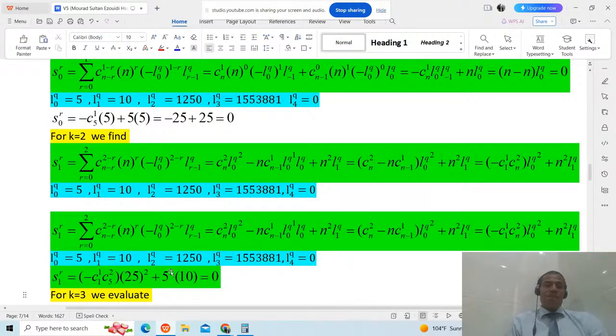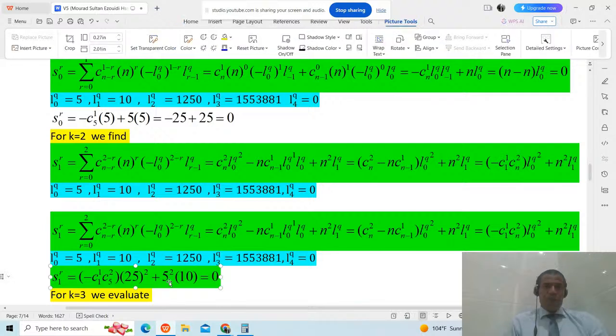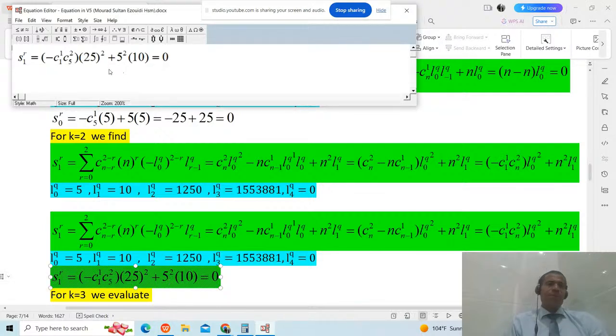So just calculating, you will get negative 10 times 25, plus 5 squared times, let me check this one. Negative 10 times, why here 25? This is 5 only, because L0 for the q is 5.